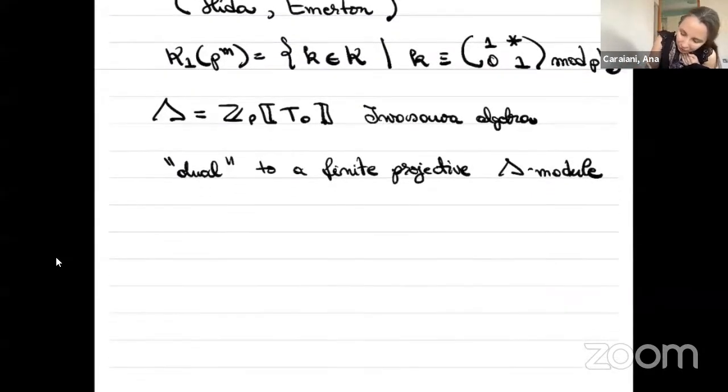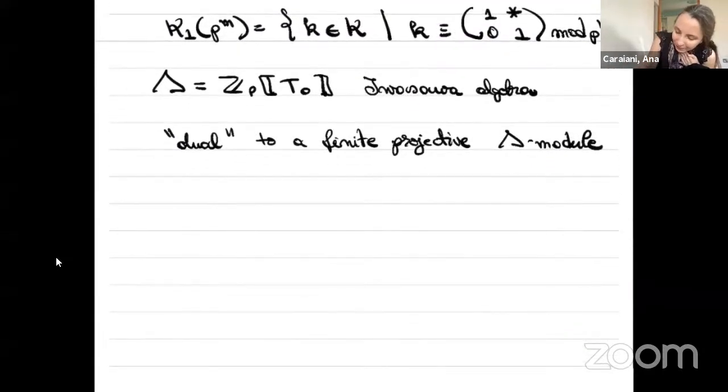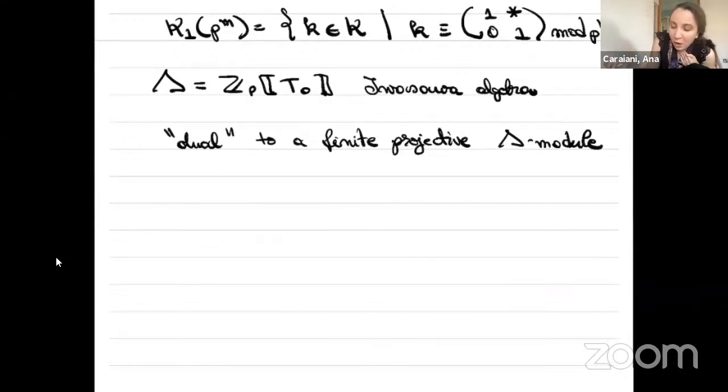And so what do I mean by dual? I have a particular functor in mind that I want to apply to ordinary completed cohomology.